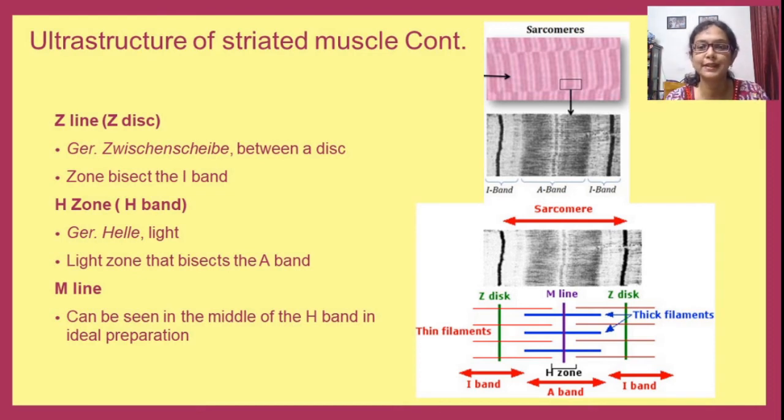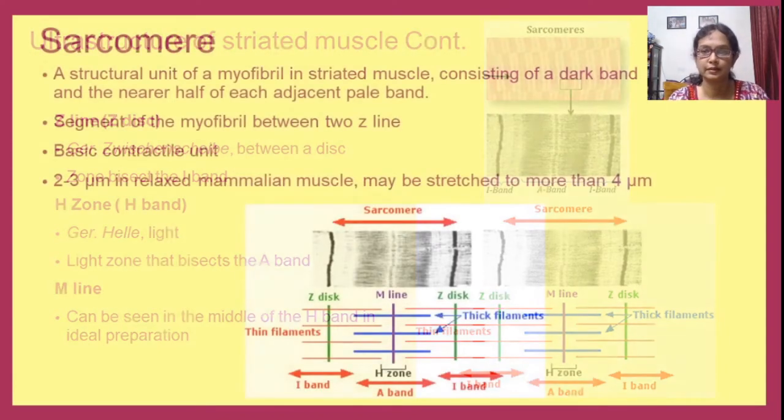In the A band there is a lighter zone, which we can see in the black and white picture also, and this zone is known as H zone. The middle line of the A band is known as M line. So these lines and bands are present in the basic structure of muscle.